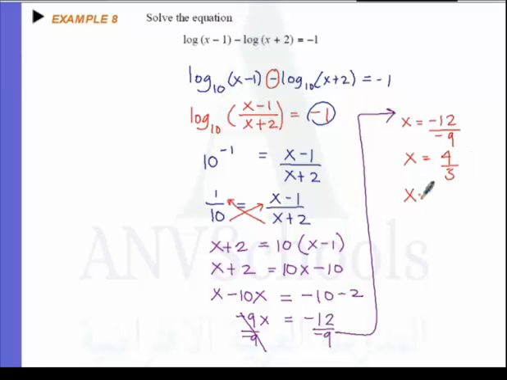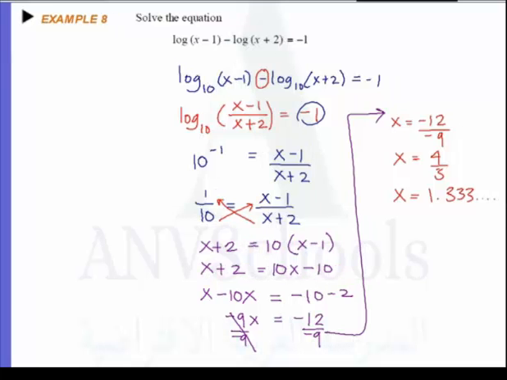So my x is actually 1.333333. You could get the decimal places or round it off to the nearest ten thousandths. So this is the answer for x: x is equal to 1.3333.